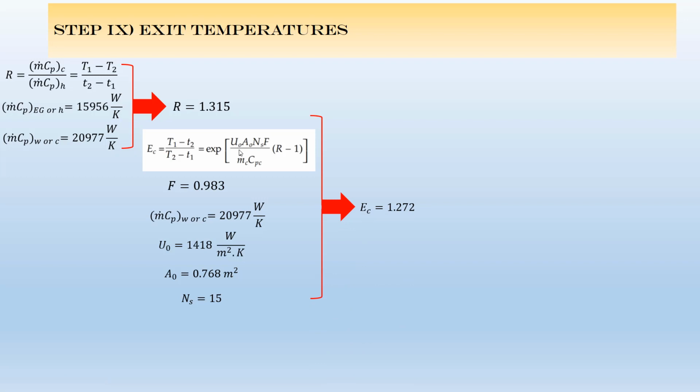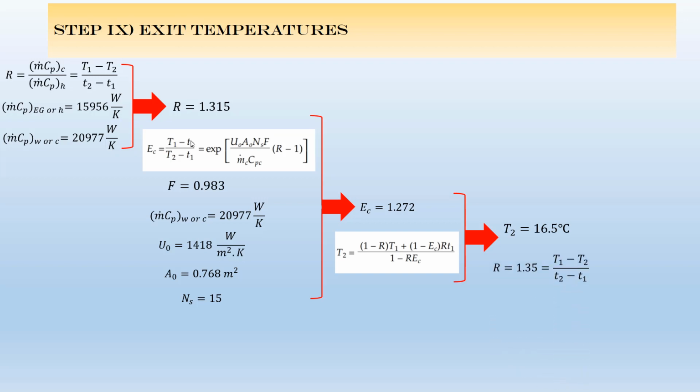So EC is 1.272. By using this definition, you can find the exit temperature of the cold fluid, which is 16.7. And then by using the definition of R, you can find the exit temperature for the hot fluid. Sorry, for the cold fluid, my bad.